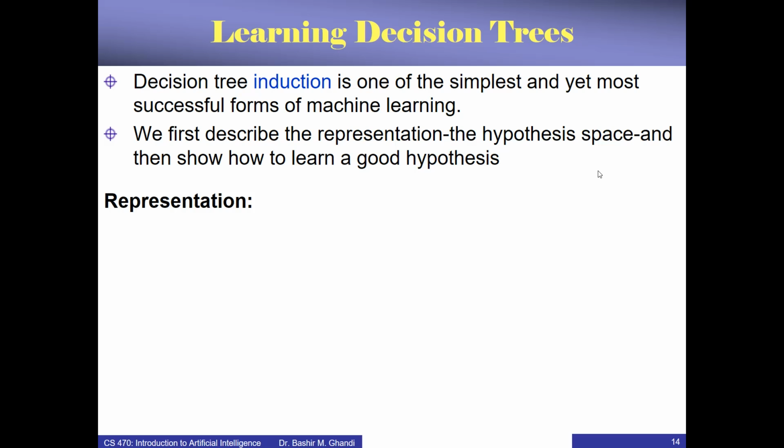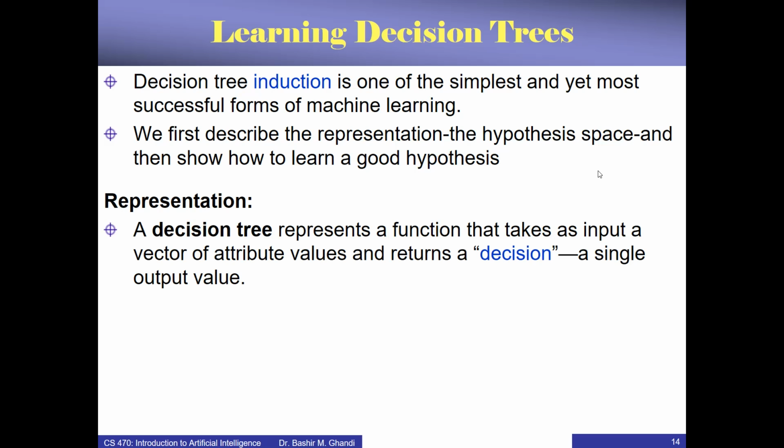Okay, so the representation first. A decision tree represents a function that takes as input a vector of attribute values and returns a decision, usually a single output value.